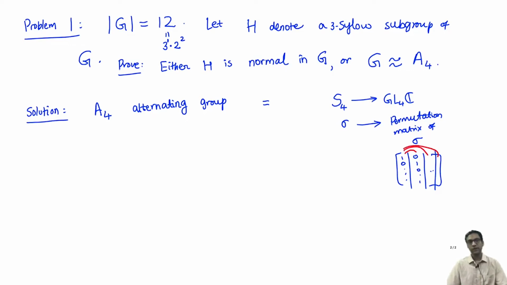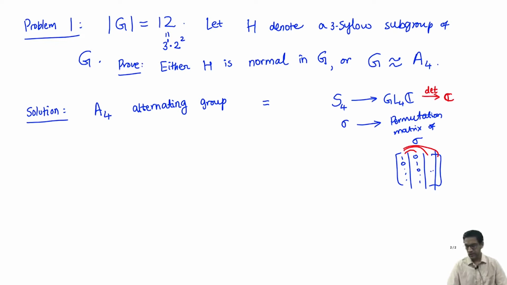This is just something for you to recall from the lecture on normal subgroups. So this is a homomorphism of groups mapping a permutation to the corresponding permutation matrix, and I can further compute the determinant of each permutation matrix. It turns out it's either +1 or -1 in general.